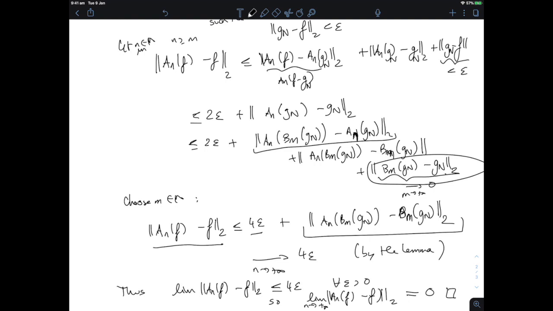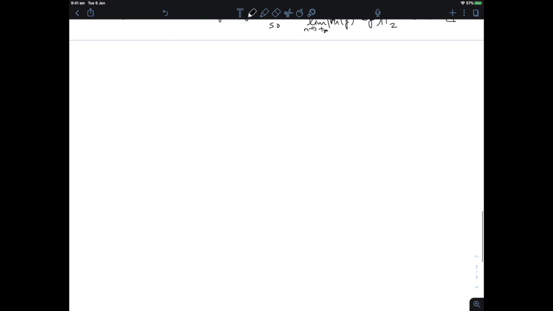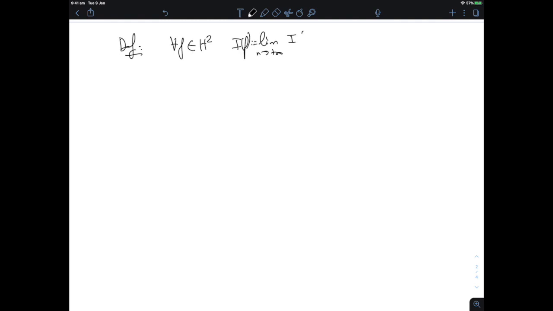And because of that, we can define the Ito integral. The Ito integral of an element f in H2 is defined as the limit as n goes to infinity of the I of An of f for this strange approximation. And this is well defined because An of f converges to f.